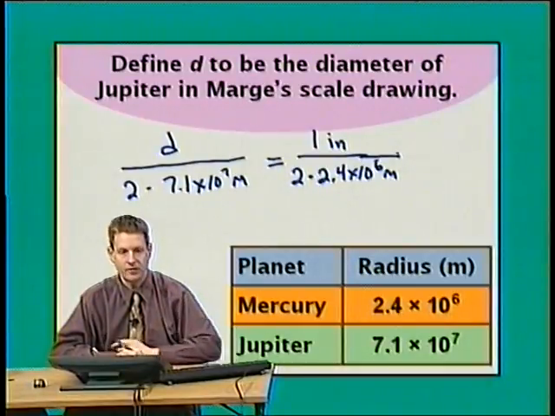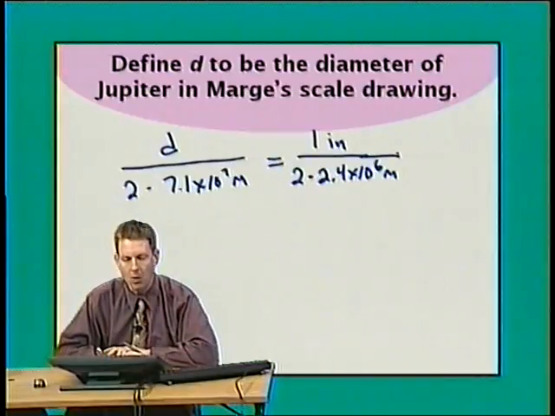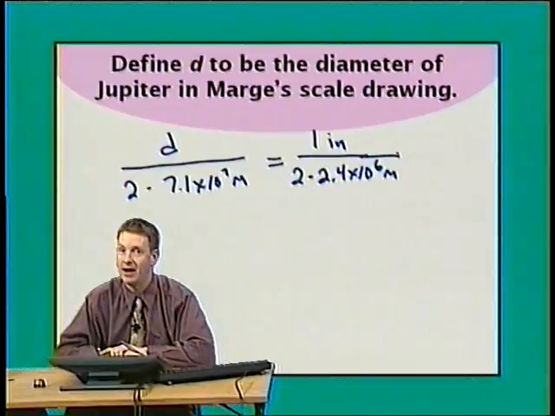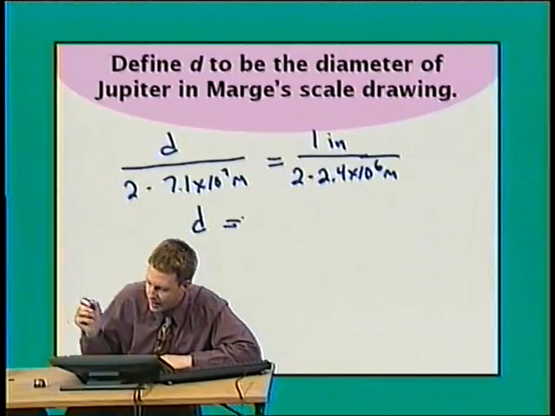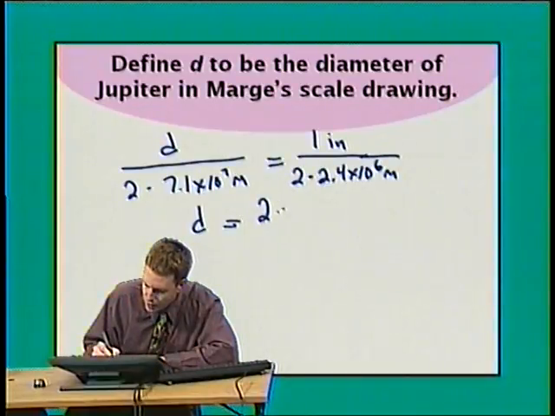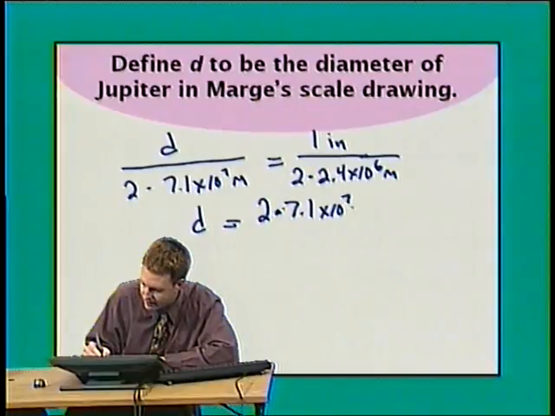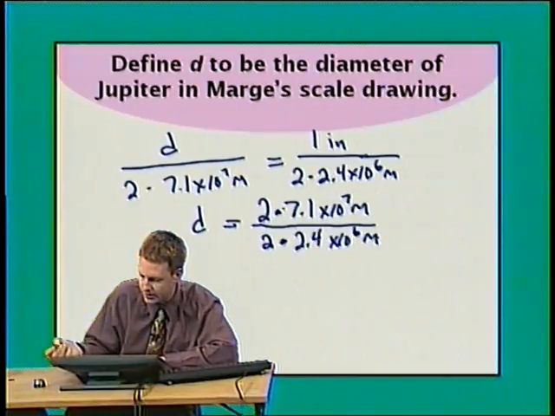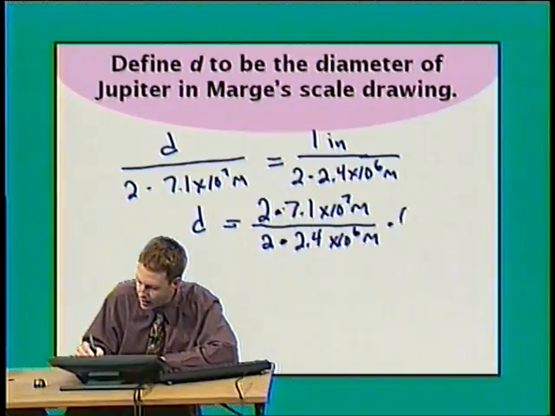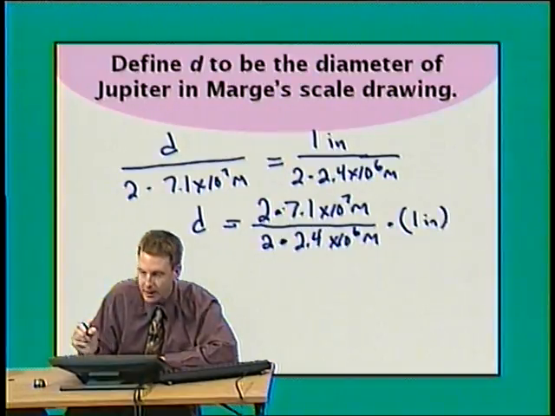Let's go ahead and solve for D. Multiplying both sides of my equation by 2 times 7.1 times 10 to the 7th meters, I get that D is equal to 2 times 7.1 times 10 to the 7th meters over 2 times 2.4 times 10 to the 6th meters, all of this times 1 inch.